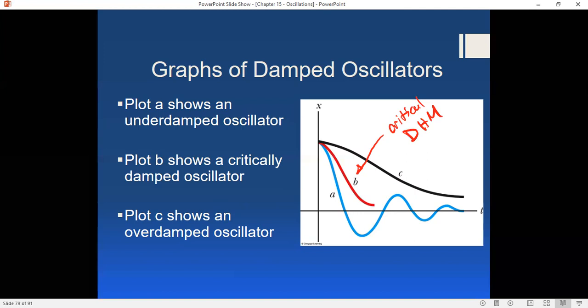Now, this type of system is important for things like a car suspension, okay? Basically, the suspension is going to be like the spring. It's going to be related to K. The stiffer that suspension, okay, the more it's going to restore the equilibrium of the car, or restore the position of the car to equilibrium.